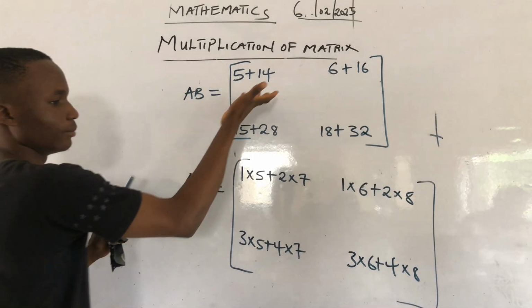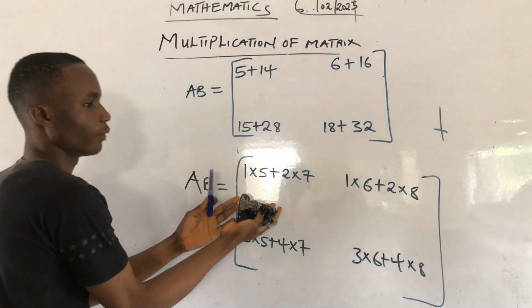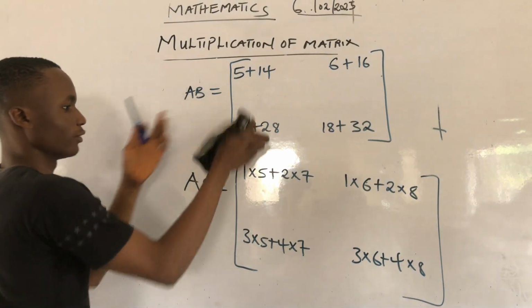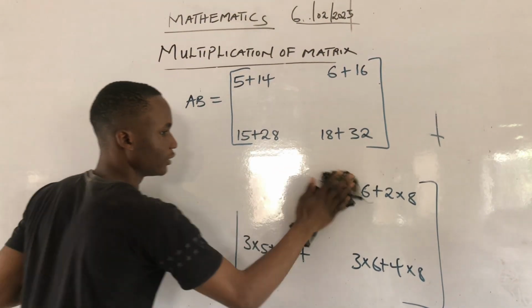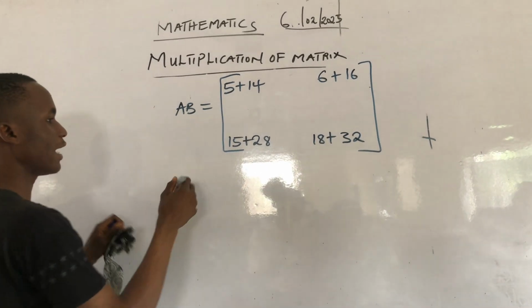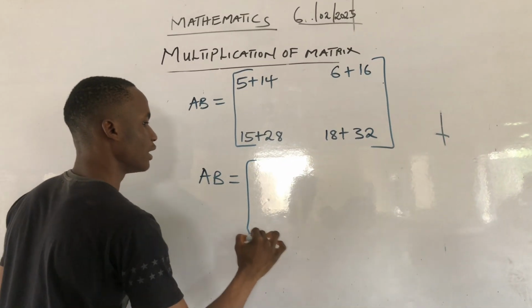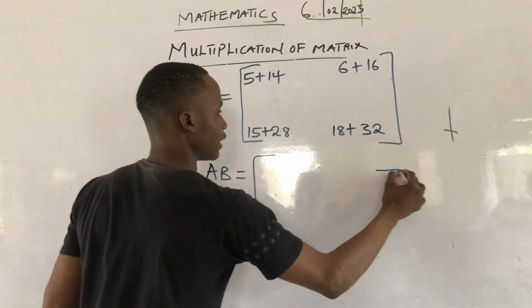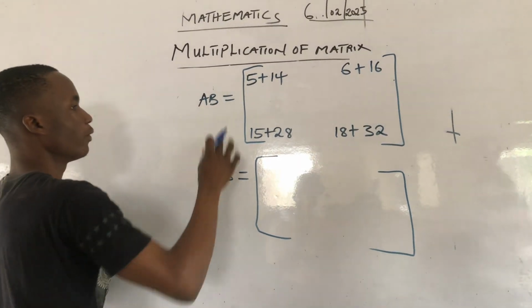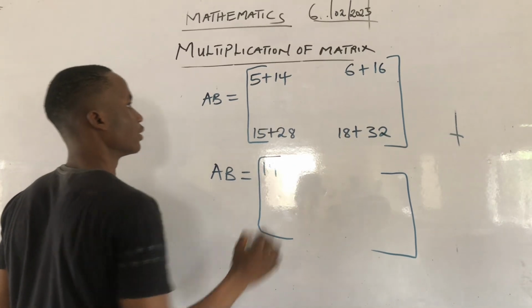Now we are going to add them together. Okay? We'll add them together. So I'm gonna wipe off this one because we have this already. So remember, our target is to find AB. So we have that AB is equal to, so let's add together and see what we have. Now 5 plus 14 will give us 19. Okay?